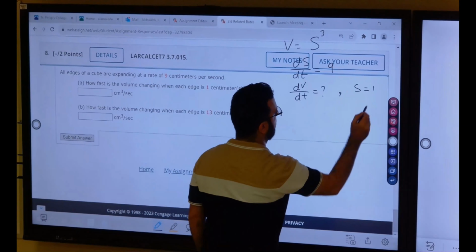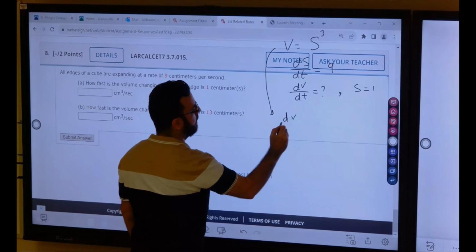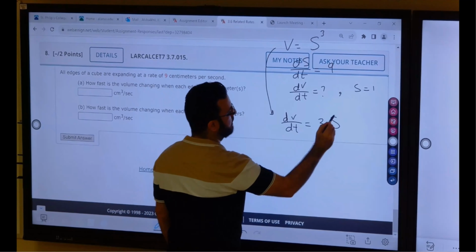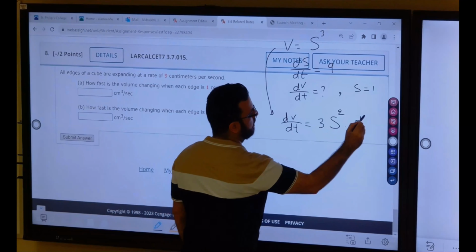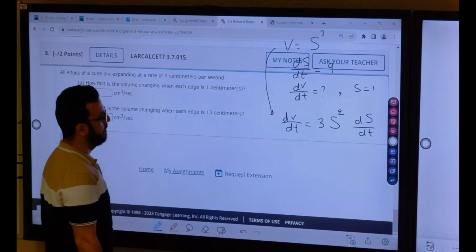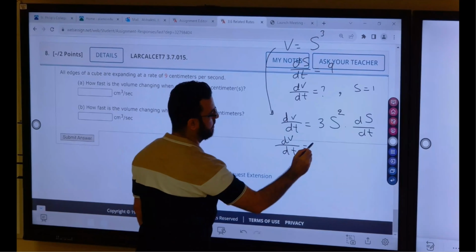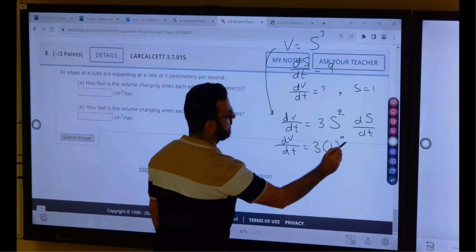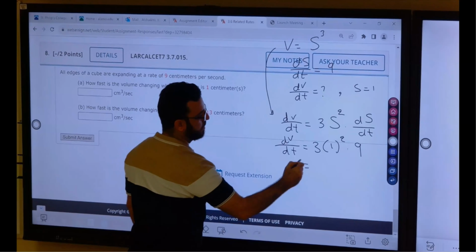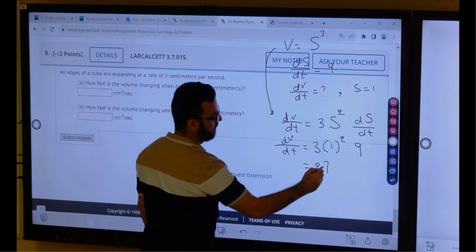So s equals 1. dV with respect to the t equals 3 s squared ds with respect to the t. dV with respect to the t is going to be 3 times 1 squared times 9. It's going to be 27.